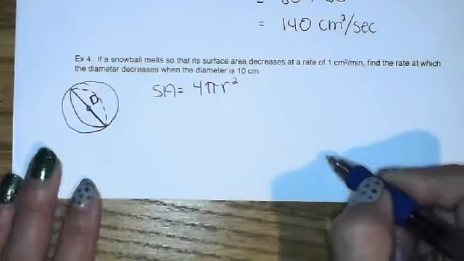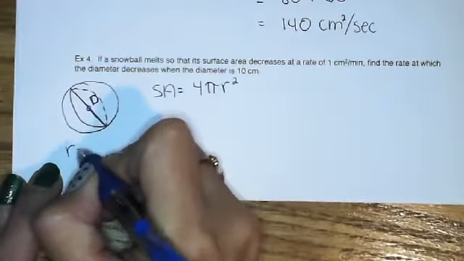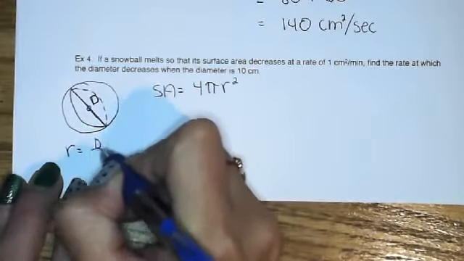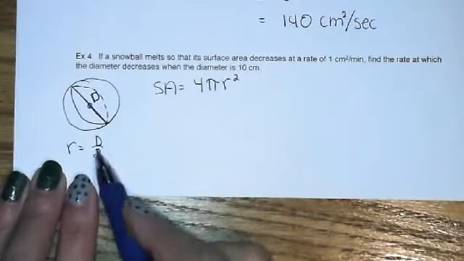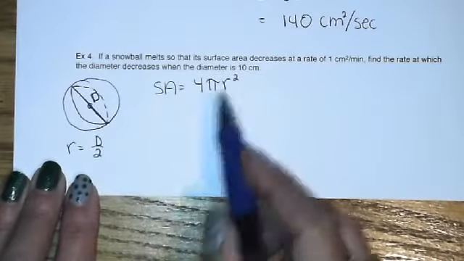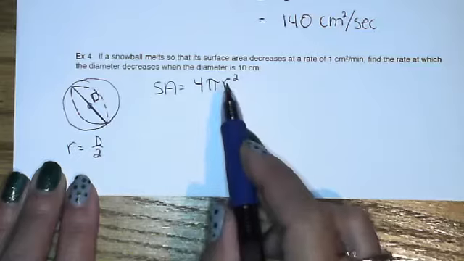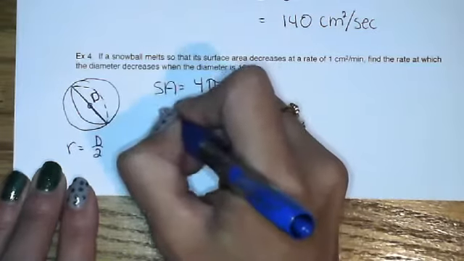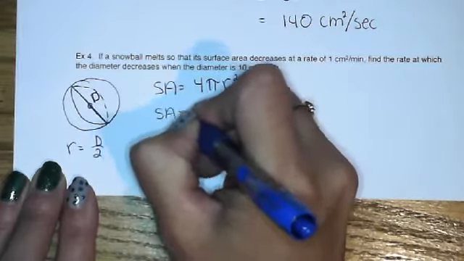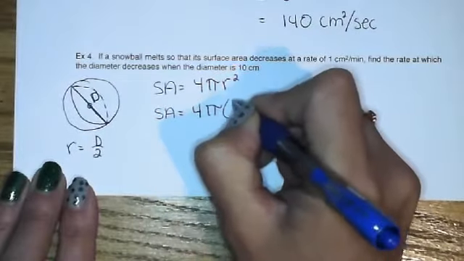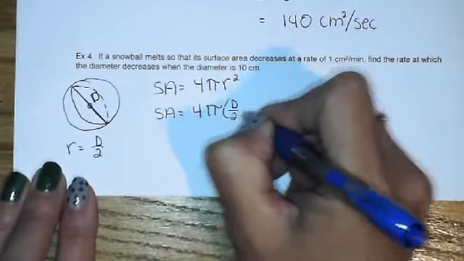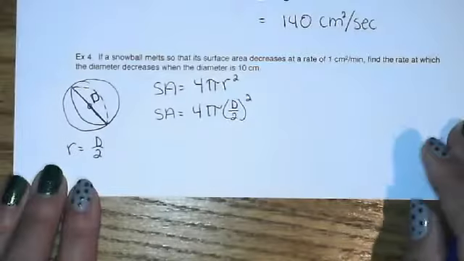If I call the diameter a length of d, that means I can just rewrite the radius as half d. So the radius is technically d divided by 2. So I'm going to rewrite this equation with d divided by 2 squared.